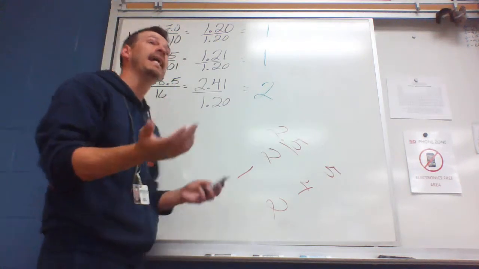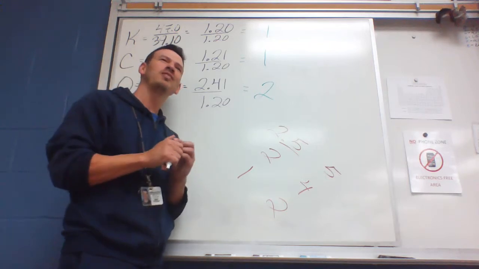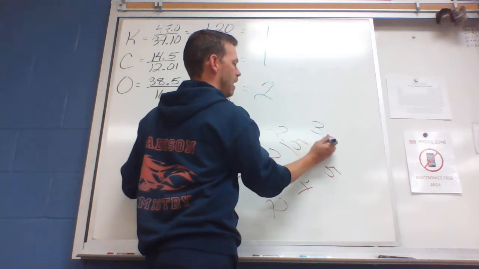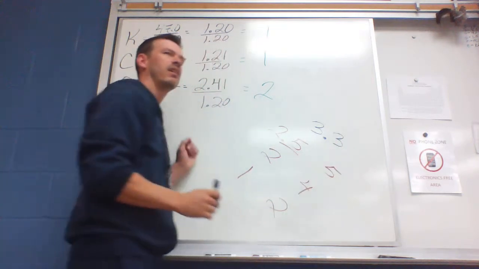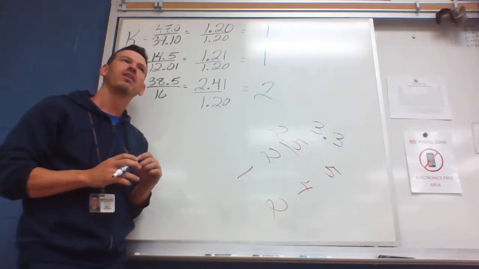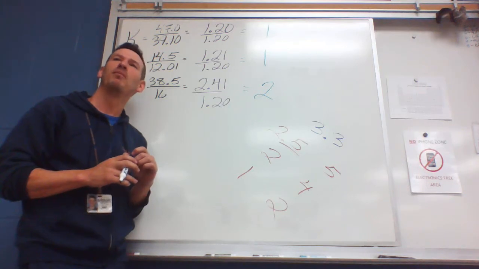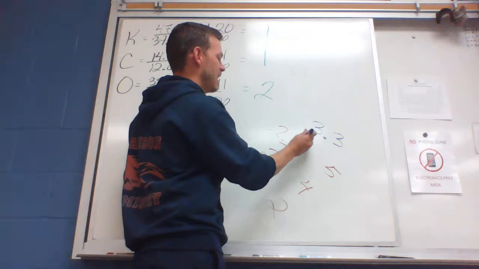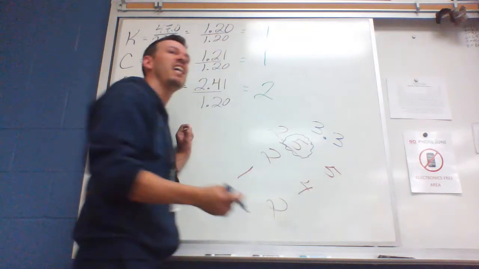One thing that can happen, the questions usually aren't this mean to you, but does anyone know what would happen if one of them ended in a 0.3? What would you need to multiply them all by? 3. Remember, the whole point is to get the decimal number to equal a whole number-ish.